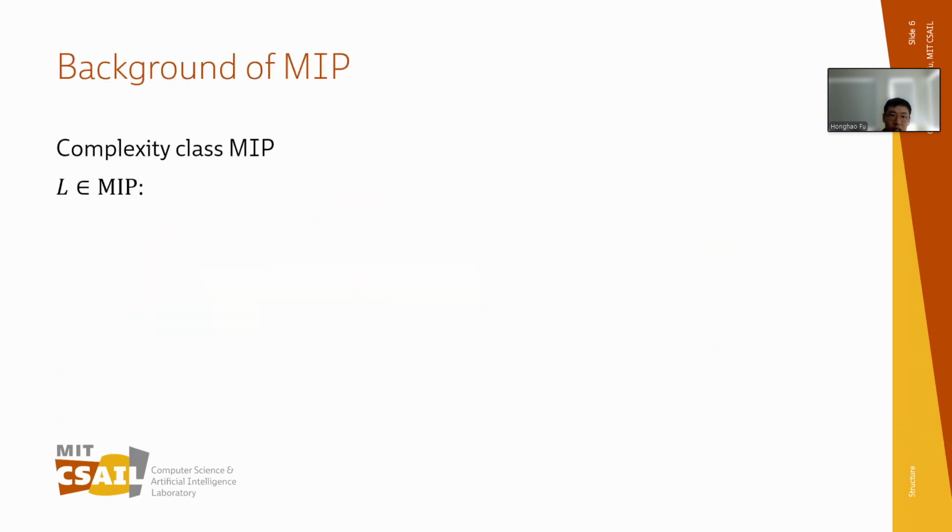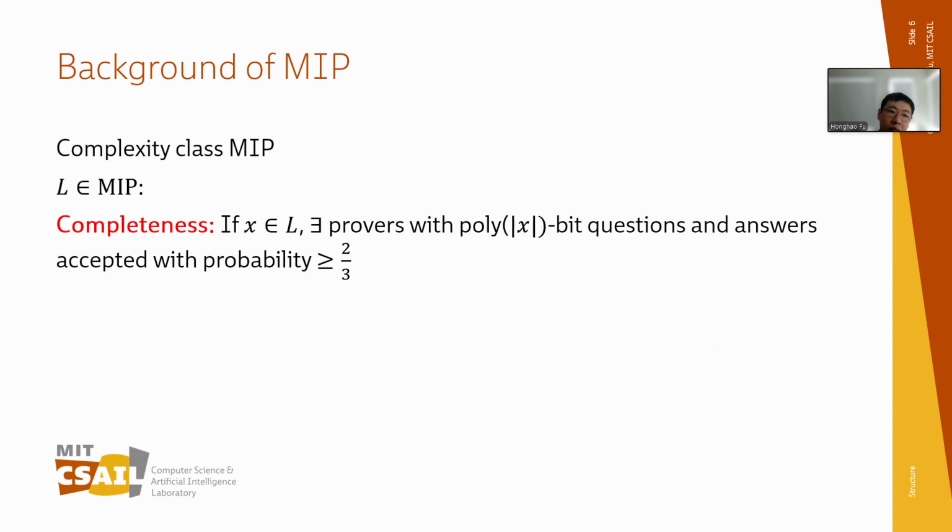And indeed, we can define a complexity class MIP for all the languages L that have an MIP protocol. This MIP protocol must satisfy 2 conditions. The first one is called completeness, which says that if X is in the language L, there must exist provers with polybit questions and polybit answers that can make me accept with probability at least 2/3.